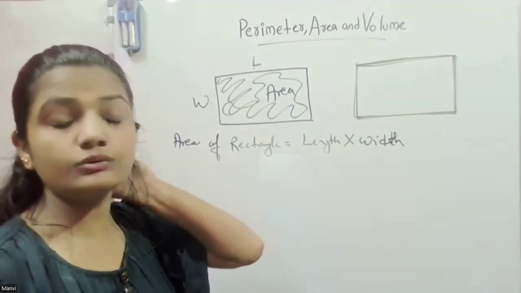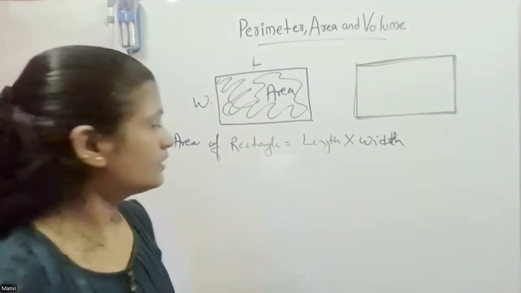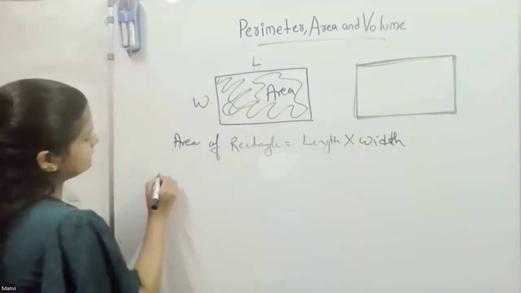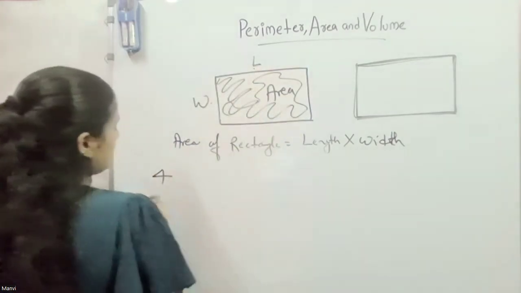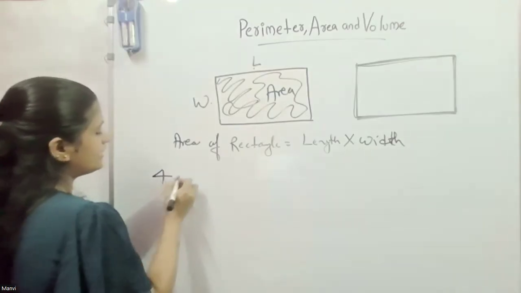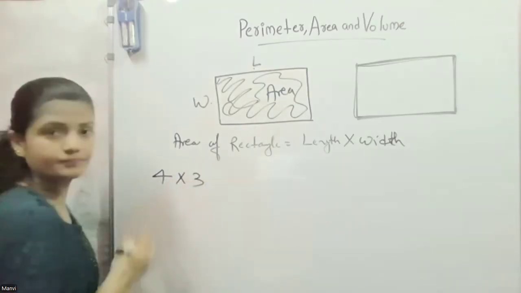Now think about the unit. For example, the length is 4 and the width is 3. So area will be 4 times 3.